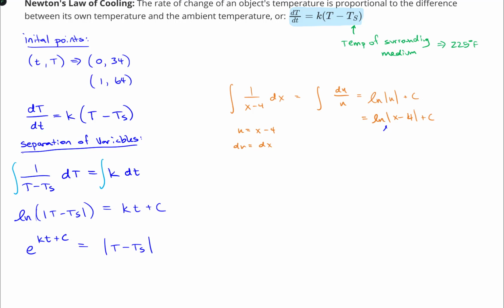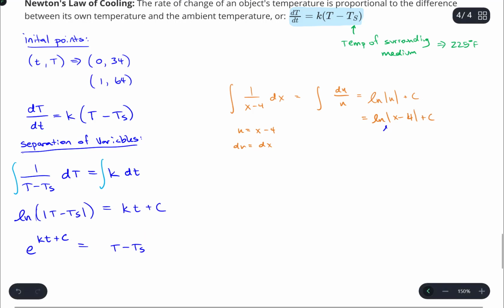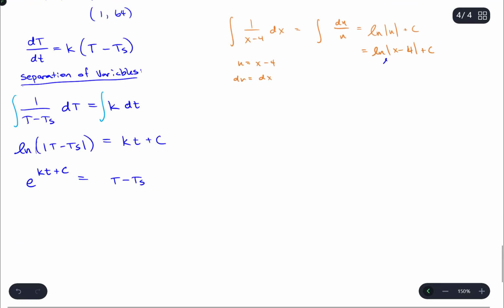So this number would actually always be negative. And this gets a little bit weird, but what's going to happen here is we're still going to ignore the absolute value, but we're going to make up the difference in k. All right, don't worry about the details. I'll explain it later on, but we're not going to worry so much about the absolute value here.